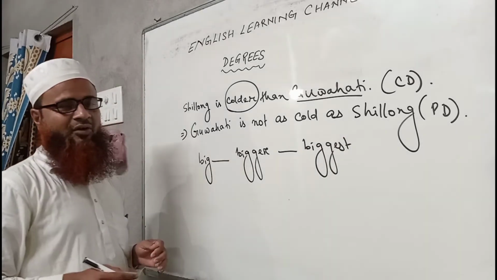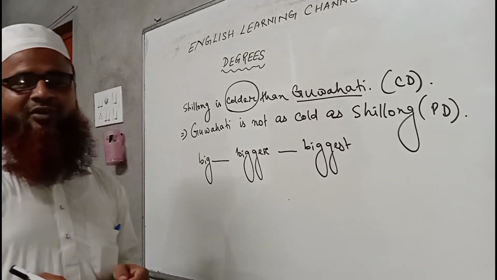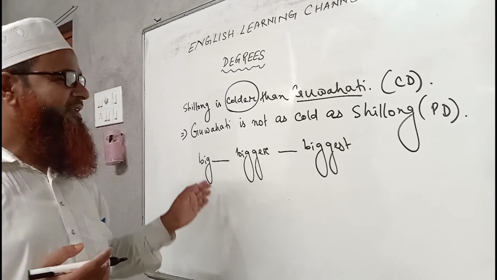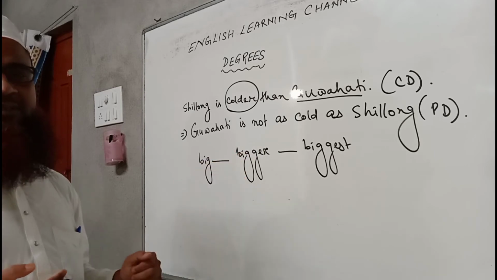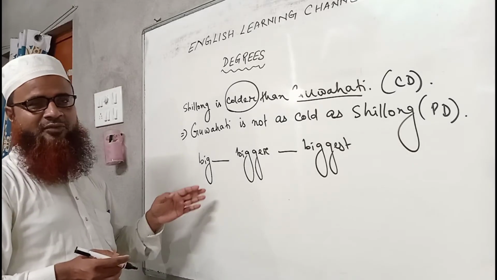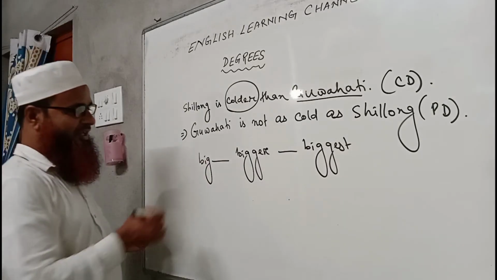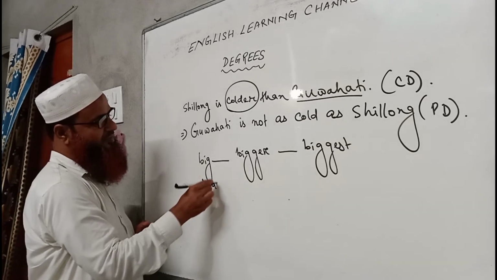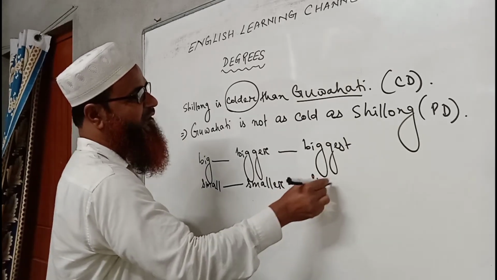So all the small words which contain only one syllable, or not more than two, become comparative and superlative with ER and EST after them. We may write small, smaller, smallest.